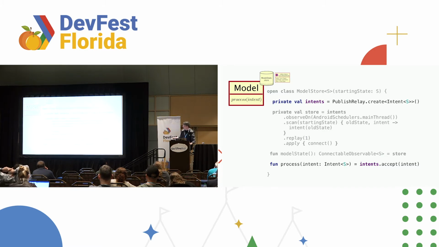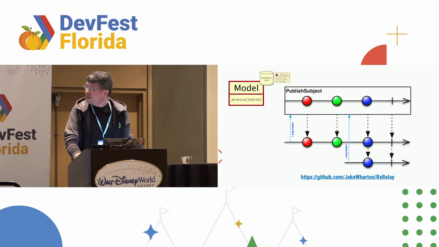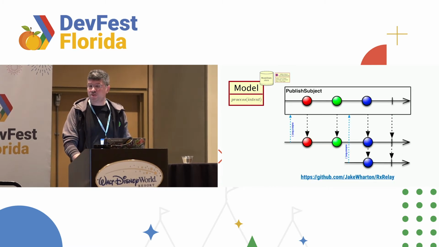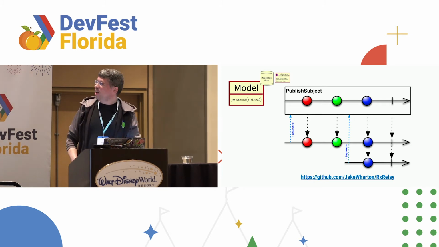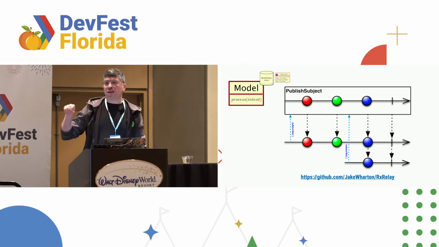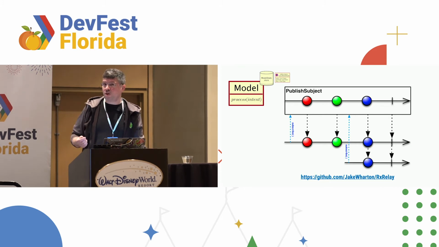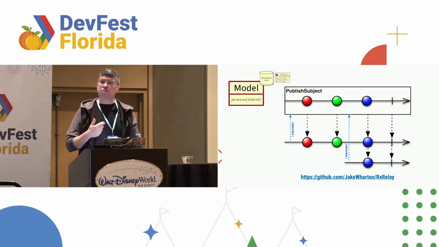It takes the intents that it's getting and basically drops them into the intents publish relay. So what is a publish relay? A publish relay is basically a publish subject. So for those of you that have done RxJava, there's a good chance you're familiar with it. Relays specifically are a library by Jake Wharton that allow you to take out a few things from subjects that are kind of problematic.